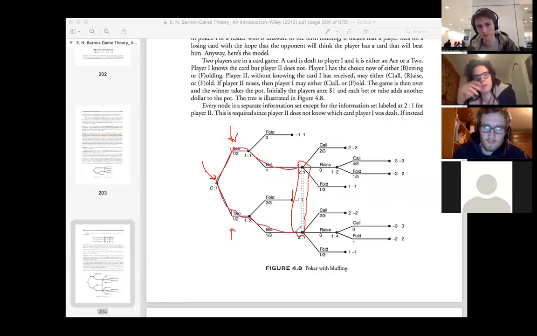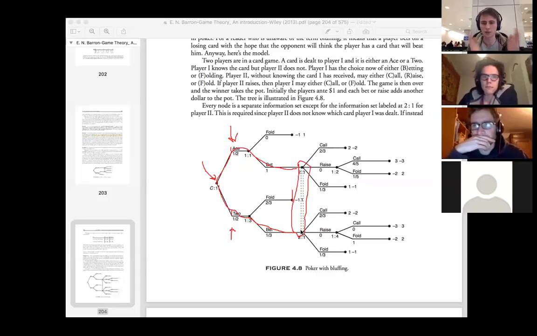Yeah, and when you're forming your strategy, it can't be a factor whether player one has an ace or a two, because that's not information that will be available to you. Exactly. So both of those paths lead to the same place, and from player two's perspective, they both could have been the reason why we're there.